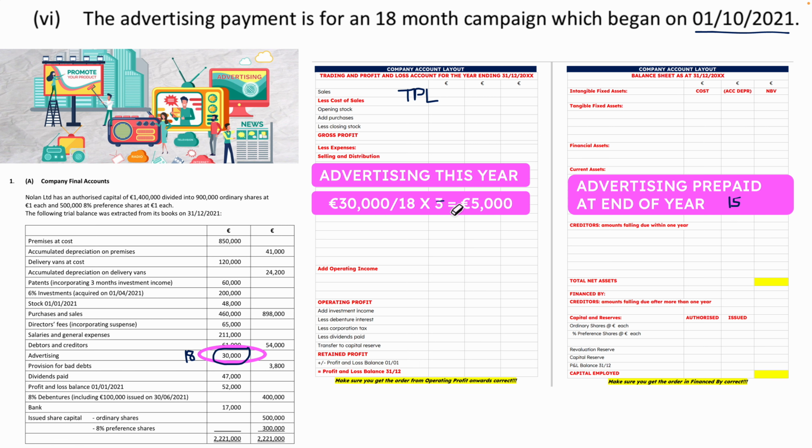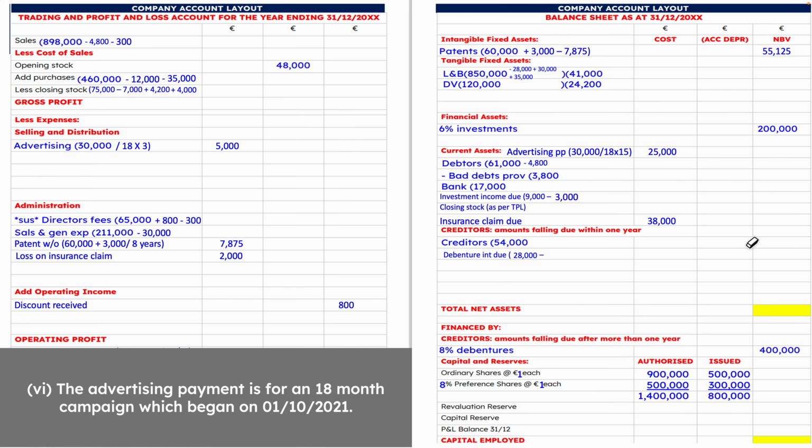So 3 months for this year: 30,000 divided by 18 multiplied by 3 is 5,000 advertising for the current year, which we'll put in selling and distribution. And then the 15 months prepaid at the end of the year: 30,000 divided by 18 multiplied by 15 is 25,000 euro in the current assets.